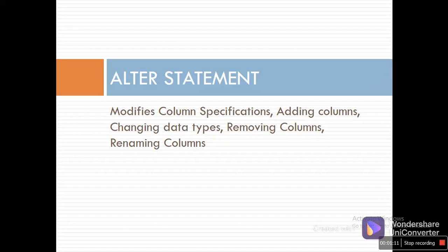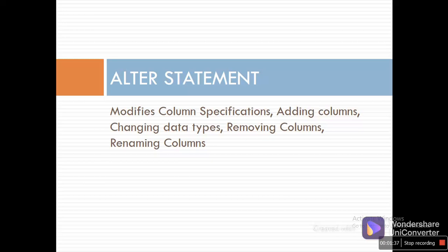Once you have the table, sometimes you may need to make some changes to the definition of the table. What I mean by the definition of the table is the statement that creates the table. Maybe you want to change the name of the table, change the column name, change the data type of the column, add a constraint, or modify something on the column.